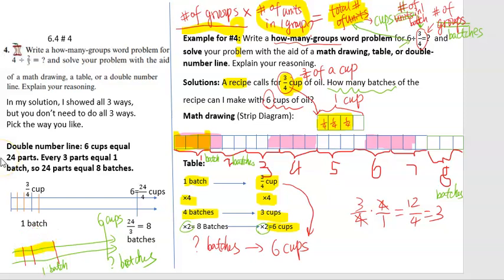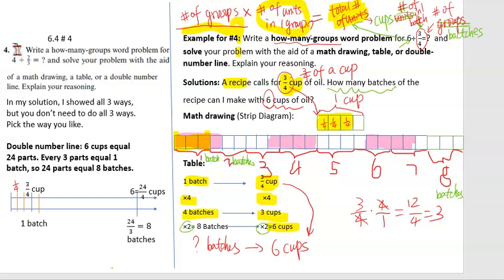Next, we're going to figure out how many batches. Again, each line is 1/4, so that's 1/4, 2/4, 3/4, 4/4. We're going to see 6 is how many quarters.